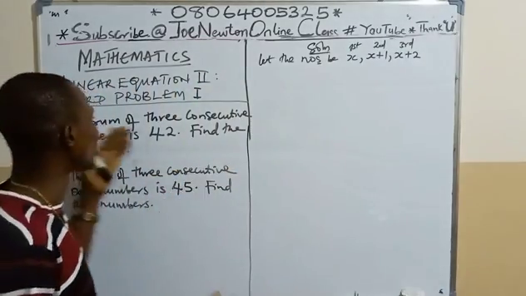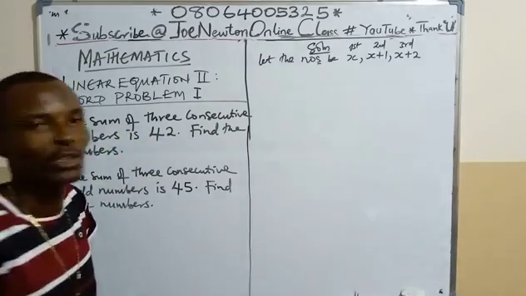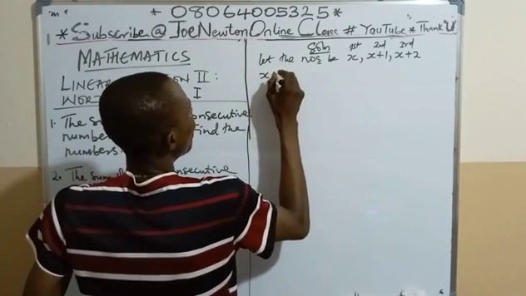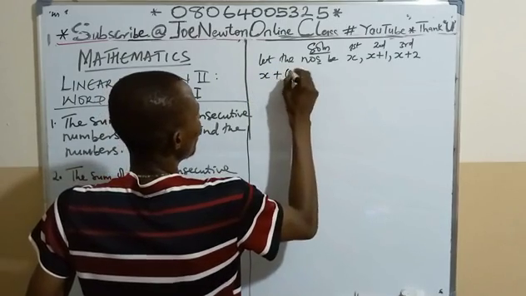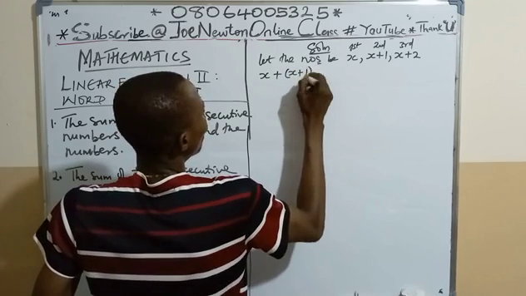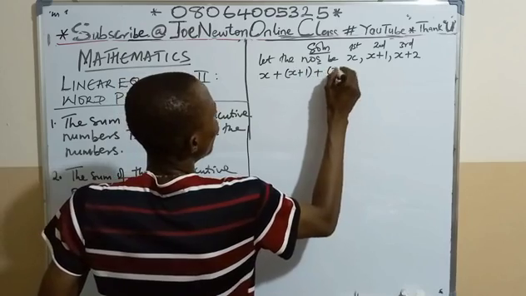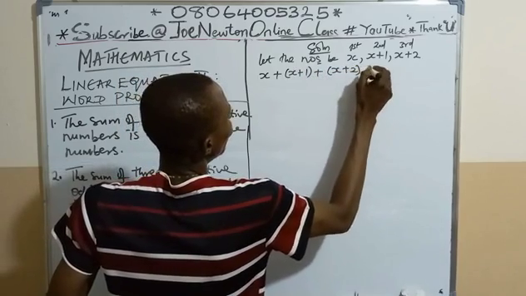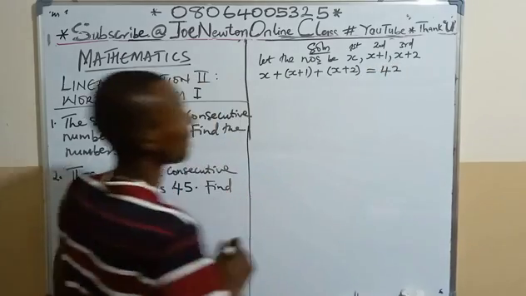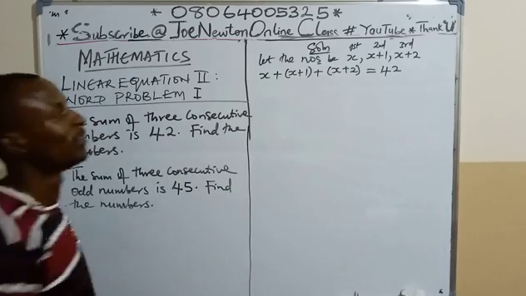Now, the question said their sum gives 42. That implies that x plus x plus 1 plus x plus 2 gives us 42 by interpretation. Now we proceed.